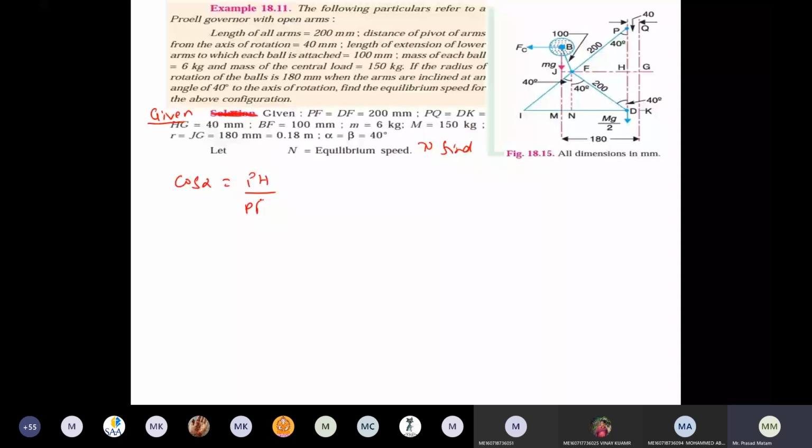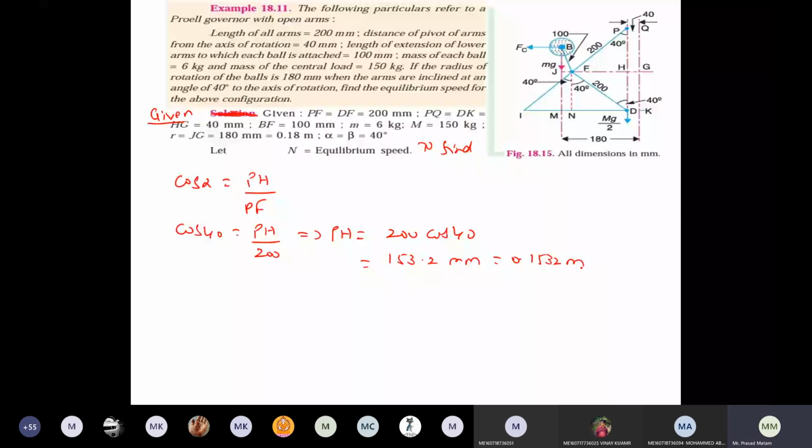From this, I am going to find out the height of the governor, H. PH I need to find, PH is the unknown. Cos alpha is cos 40. PH I don't know. What is PF? Length of the arm, that is 200. So from this equation, I can write PH is equal to 200 into cos 40. Solve and give me this answer. This comes as 153.2 mm, which is equal to 0.1532 meters.